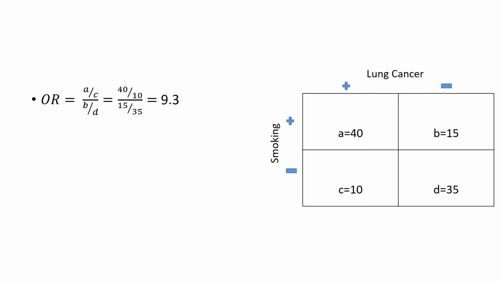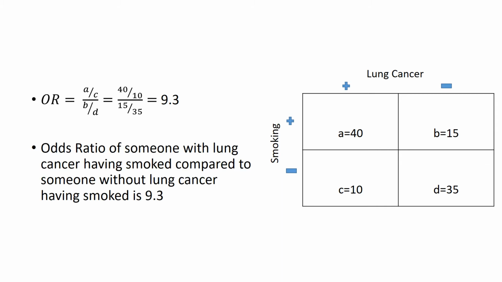You should look at the actual studies that have somewhat similar odds ratio. Some are even higher than this. Long story short, don't smoke. Said another way, the odds ratio of someone with lung cancer having smoked compared to someone without lung cancer having smoked is 9.3.